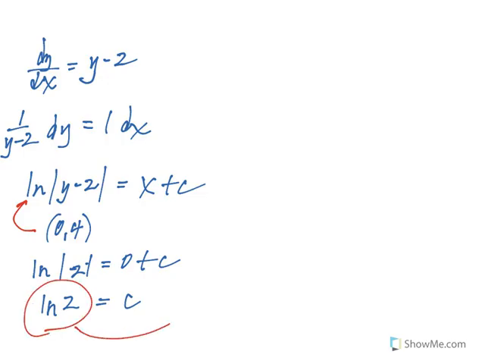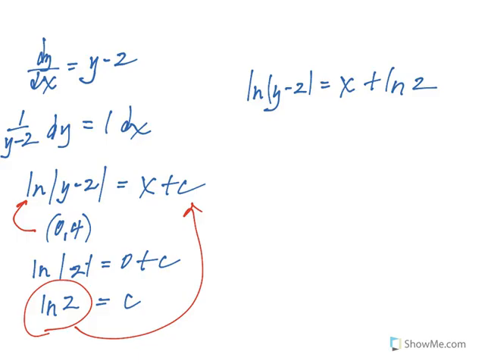I can now plug it back into my integrated equation. If I want to solve for y, I'm going to bring e to the other side. This gives me y minus 2 is equal to e to the x plus ln of 2.